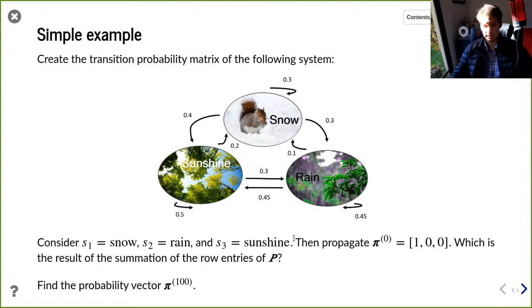That means that I start with probability 1 in the snow state. Next we'll write a little program to find the probability vector at time step equal to 100.